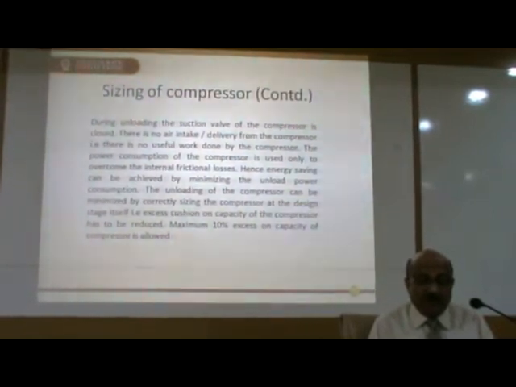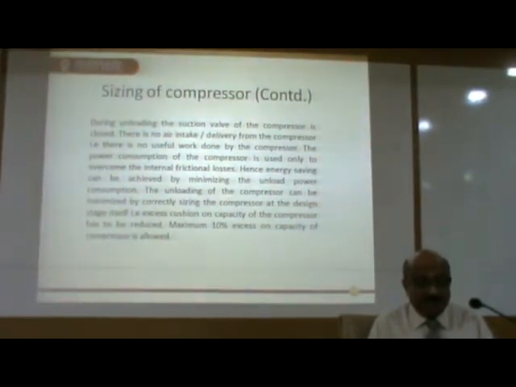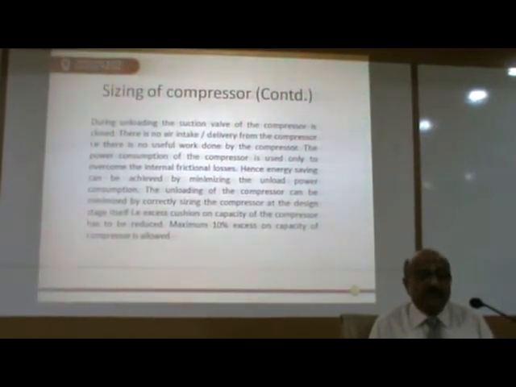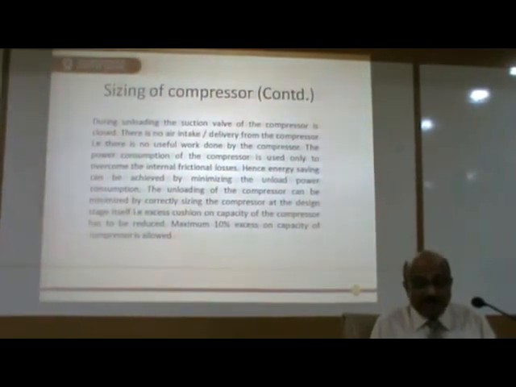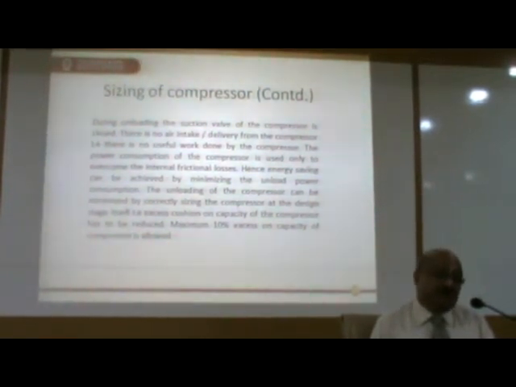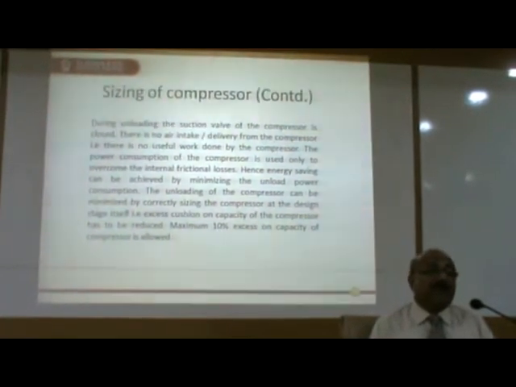The unloading of the compressor can be minimized by correctly sizing the compressor at the design stage itself. That is, the excess cushion of capacity of the compressor has to be reduced. A maximum of 10% excess capacity of the compressor is allowed. As I mentioned earlier, there is a tendency to take a higher size of compressor.